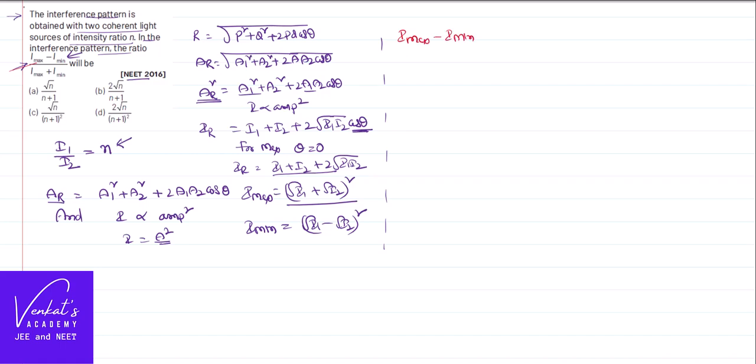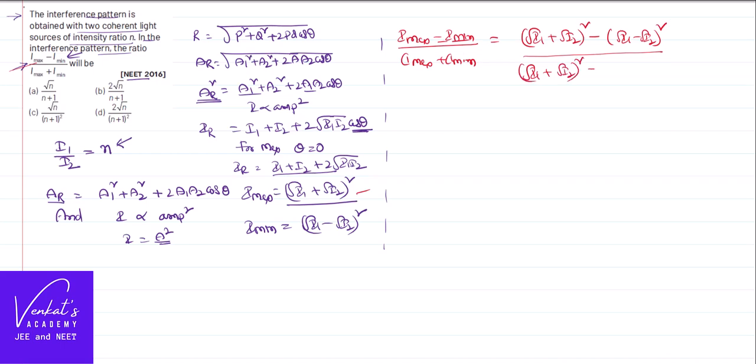I maximum minus I minimum by I maximum plus I minimum is how much? I maximum means root I1 plus root I2 whole square, minus root I1 minus root I2 whole square, that is I minimum, by root I1 plus root I2 whole square. Instead of minus, I have to write plus in the denominator as per the question.